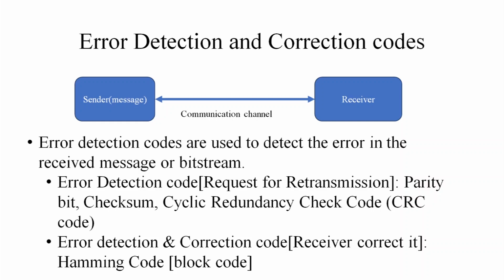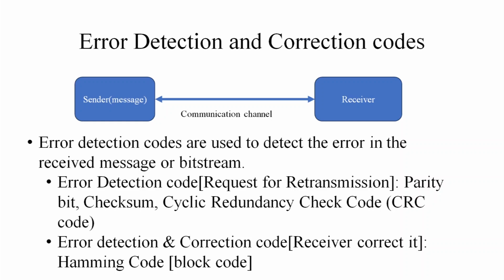retransmission, but the receiver does not correct it. When the message is sent by using a Hamming code, some redundant bits are appended by the Hamming code method, then the receiver checks whether the message that arrives is correct or not, and if a single bit error is detected, then the receiver also corrects it.